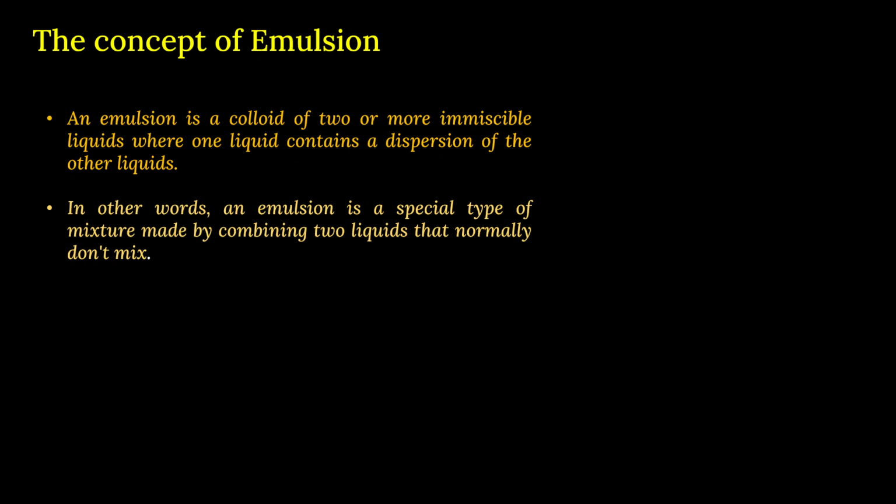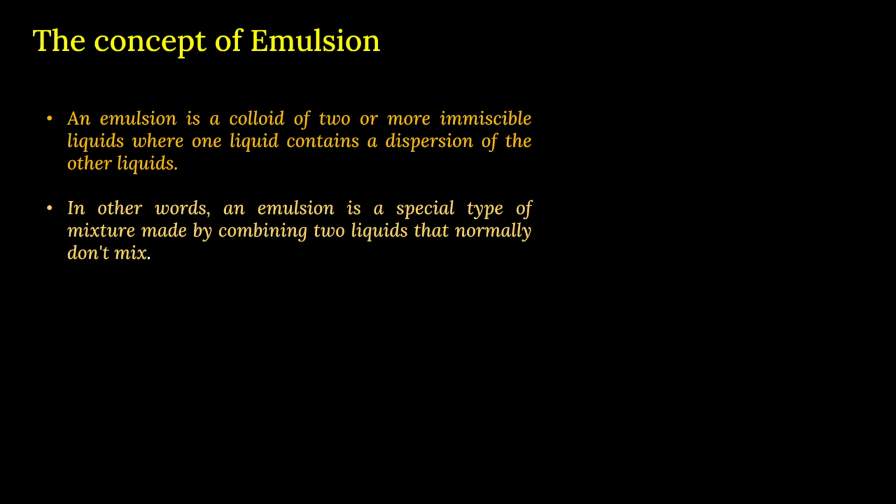We are simply talking about mixing of two liquids which naturally don't mix. A very bright example in our life is oil and water. Probably you have had this experience that if you mix oil in water or water in oil, these two liquids will never mix, but they can be made to mix, and the process is known as the emulsification process.